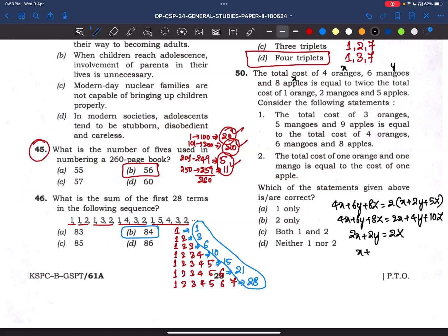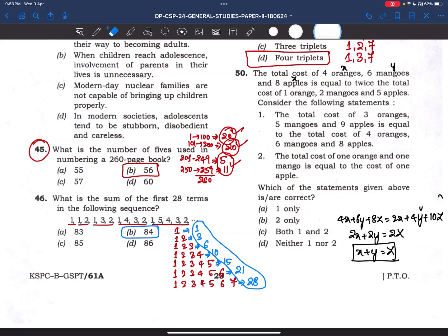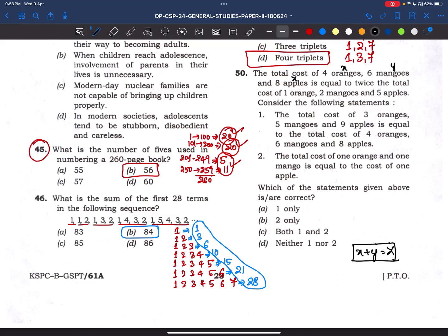So after simplifying, what will we get? x plus y is equal to z. Okay. You got x plus y is equal to z, right? Now, what is given in the statements?